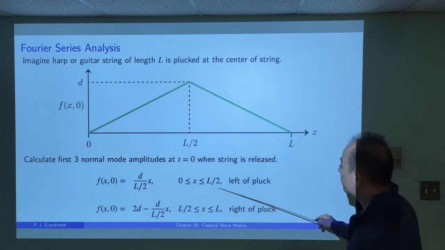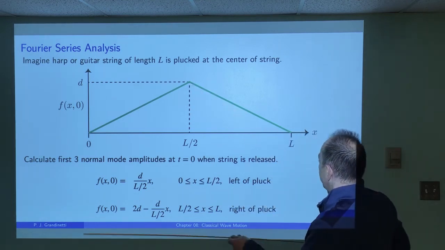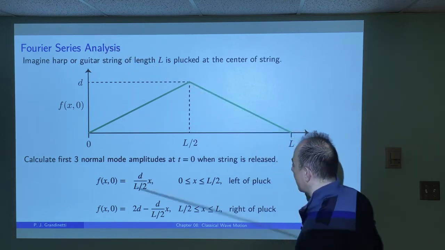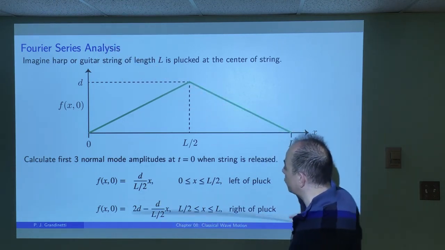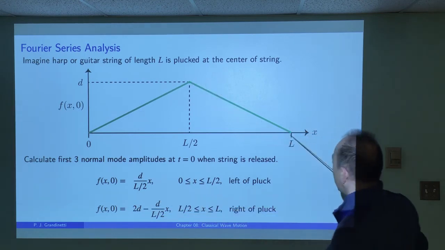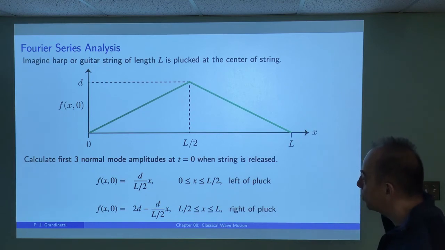And that's valid over this region. And then on this side, we just have the string going down with the opposite slope, but now it intercepts up here with an intercept of 2D. So this is the function that handles it from this side on, and that's our function split into two parts.